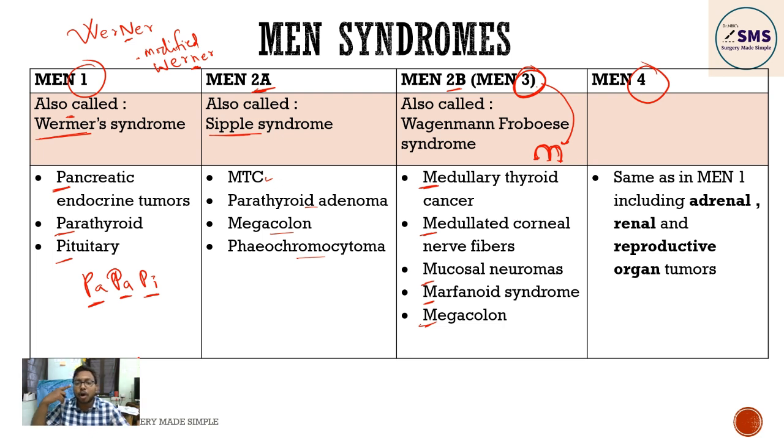You have medullated corneal nerve fibers, then mucosal neuromas of the tongue or mucosa, then Marfanoid syndrome. The last one is megacolon. Okay, so these are all the different components of your MEN 2B, which is also called MEN 3. Now the last one is your MEN 4. It is nothing but the same as MEN 1, but additionally you have adrenal, renal, and reproductive organ tumors. Okay, these are all the different MEN syndromes.